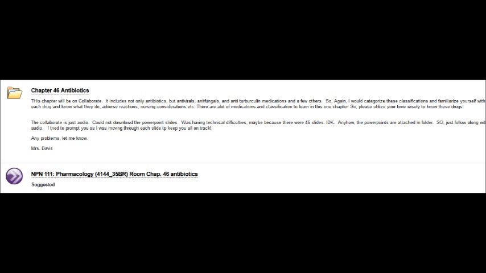The next class is the oxazolidinones, also known as linezolid, which is Zyvox. This can be given topical, PO, or IV. Again, it inhibits protein synthesis in bacterial cells. This is considered bactericidal as well as bacteriostatic.